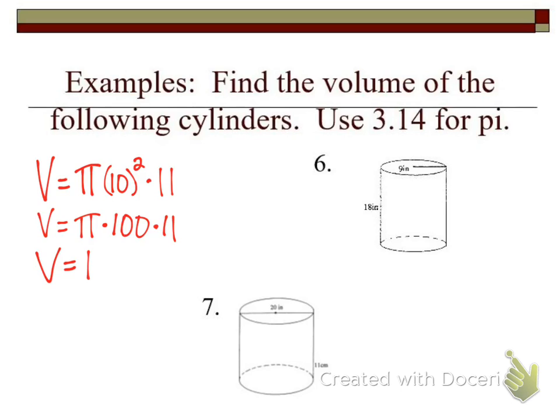So if you want to just leave it as 1100 pi inches, oh, we should have had consistent units. So I would change one of those to be inches. They should be the same. Otherwise, you can't really do it. Inches cubed. Or if you want, you can multiply it out. So 3,455.7.